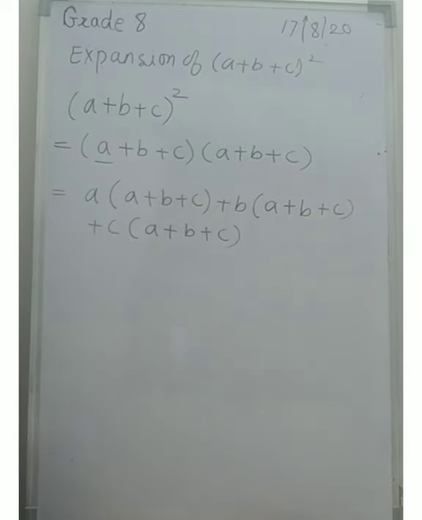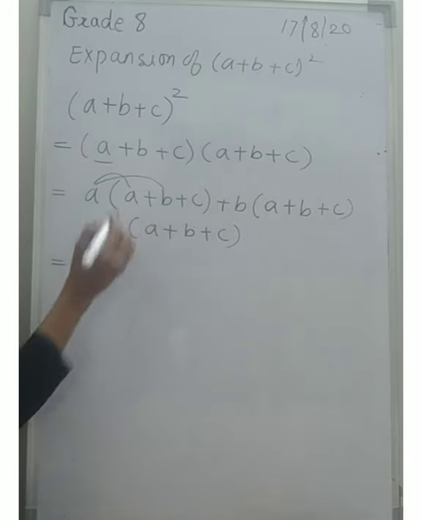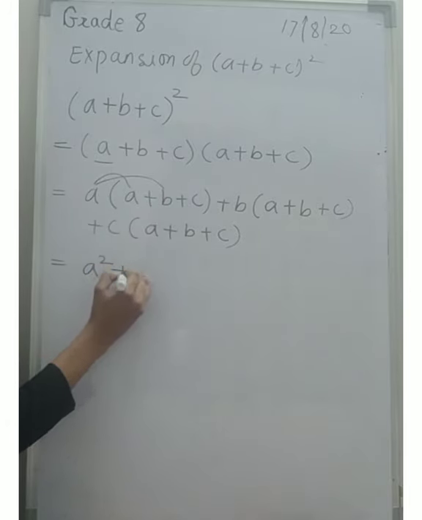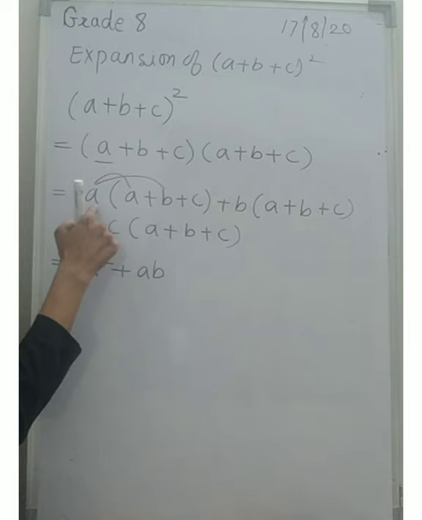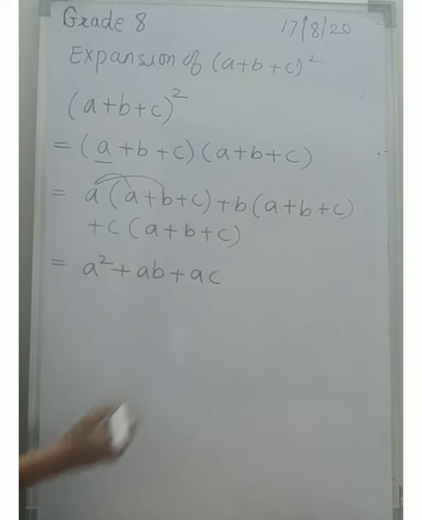I hope you have understood till now. So a multiplied by a is a², a multiplied by b is ab, and a multiplied by c is ac.